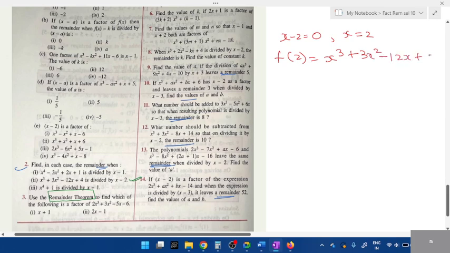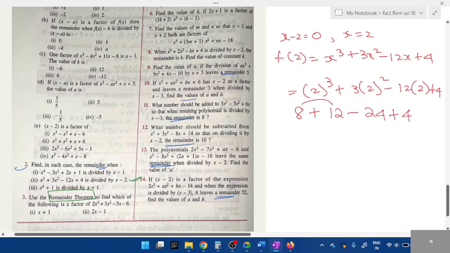Write f of x, substitute 2 cube plus 3 into 2 square minus 12 into 2 plus 4. 8. What do you get here? 3 into 2 square is 12, minus 24 plus 4. 8 plus 12 is 20, plus 4 is 24, minus 24. What is 24 minus 24? 0. All of you got 0?